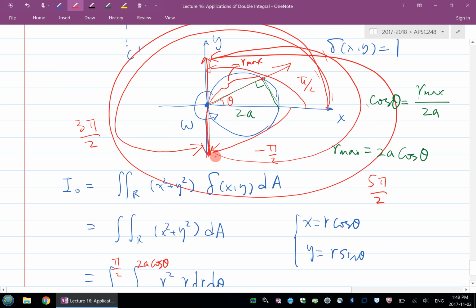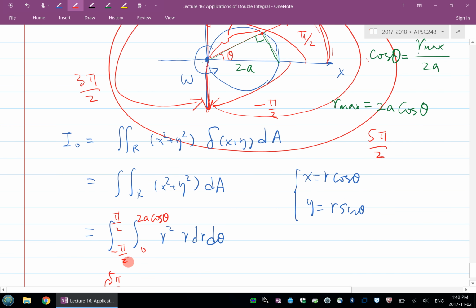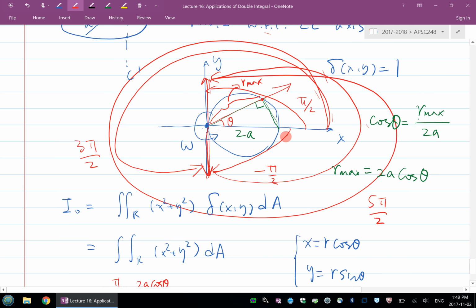The other consistent way is the first one, from negative pi over 2 to pi over 2, because you're counting negatively from here to here, and positively from here to here. So you cannot create your own conventions to get an angle here.